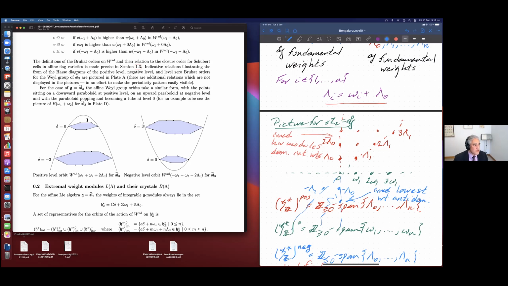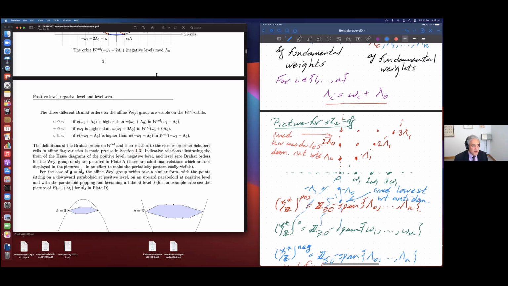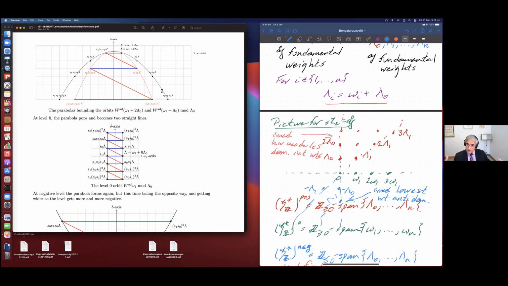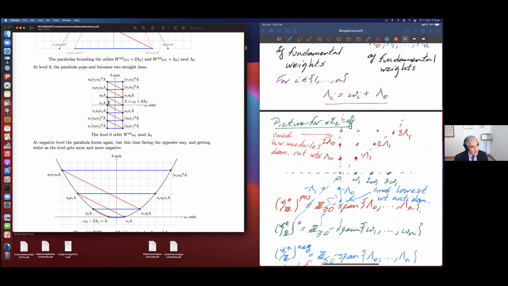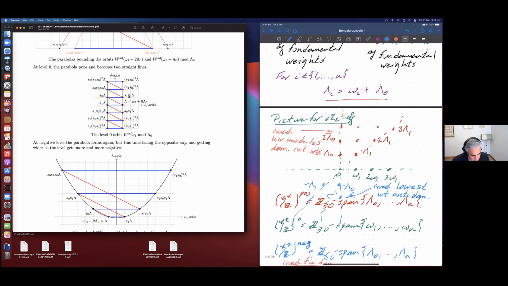In SL2, it's even more clear because you see these parabolas going downward, the highest weight modules, and then the lowest weight modules are these parabolas. And in the middle, these level 0 modules have this tubular shape, and we're going to produce some of those today.